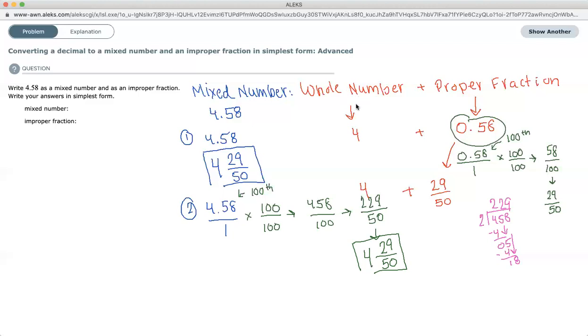Next, we want to get the improper fraction. And for an improper fraction, remember, the numerator is larger than the denominator.